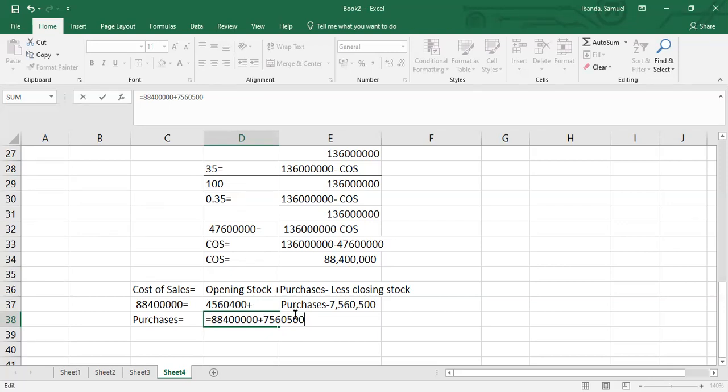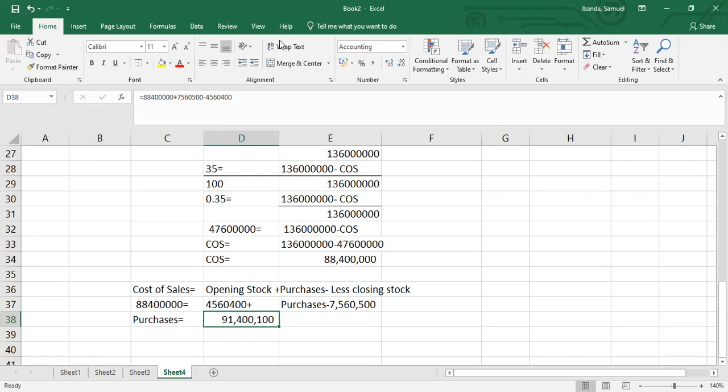And then I'll less the opening stock. Okay, I hope you can see that, and I hope that mathematics is not complicated for you. So with that, I'll get this value, 91,400,100. So that is my purchases.